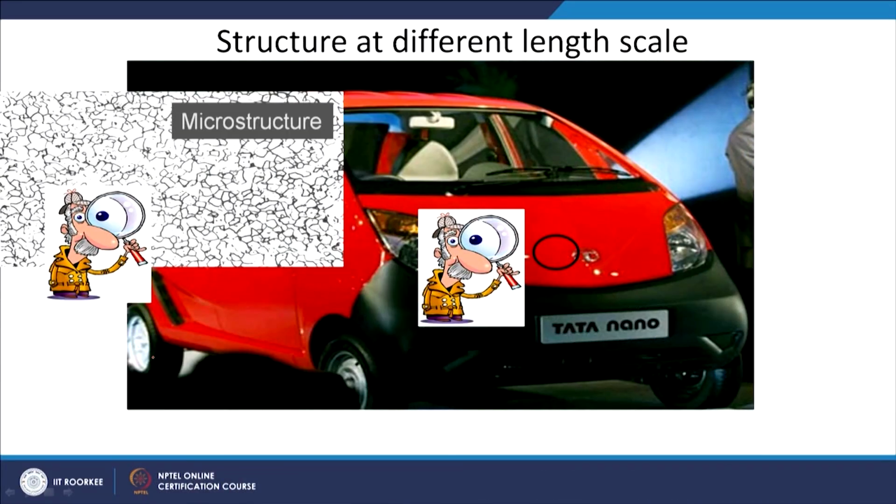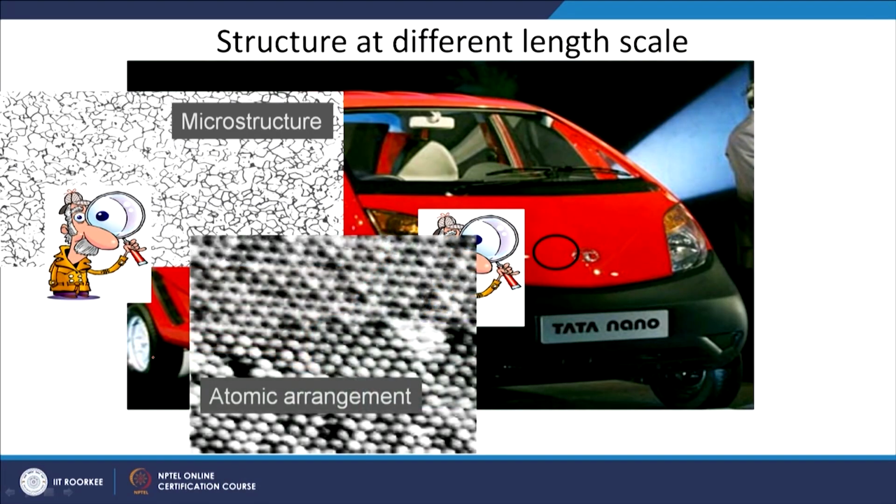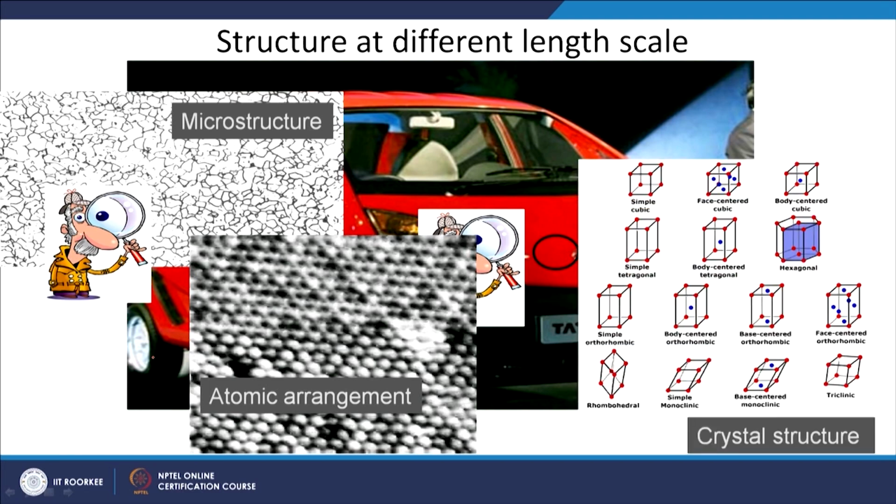Suppose I am interested to go into more detail, to see what is at the next level. Then I will go to the atomic scale and I see that there is a nice atomic arrangement in the material. Atoms are arranged in a very nice fashion. If I want to know how these arrangements are, I can say that they are arranged in this fashion, which we call crystal structure.